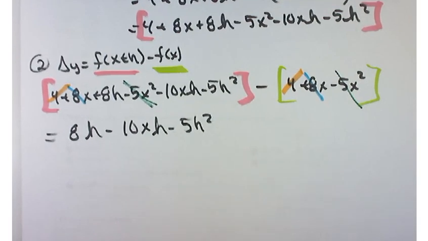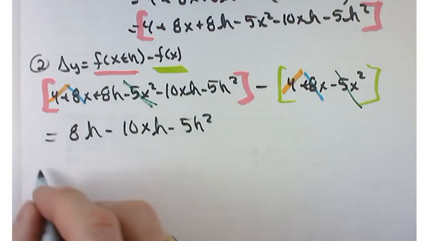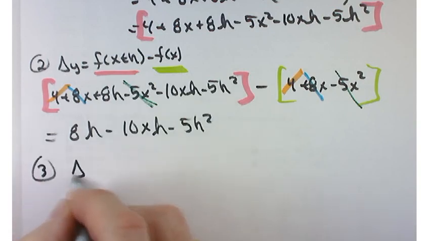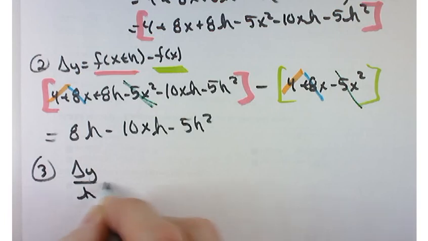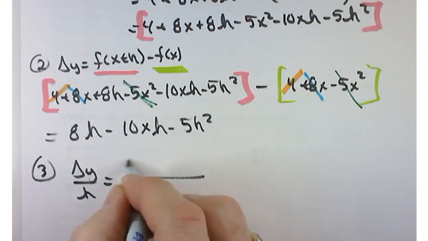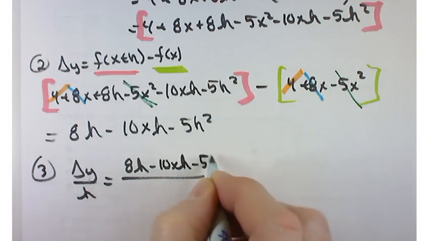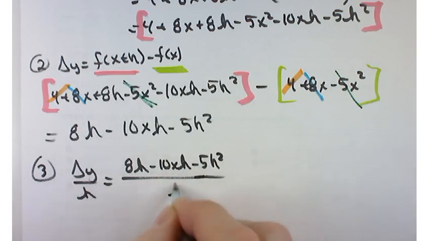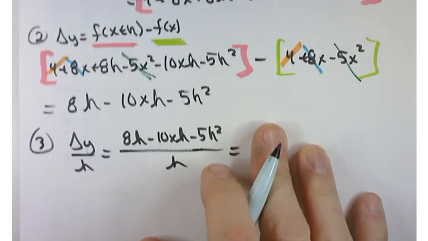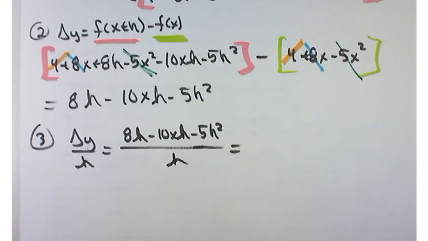Let's keep going. Third step. I want to calculate delta y divided by h. So that's going to be 8h minus 10xh minus 5h squared divided by h. Now, if this was an algebra class, I'd take the time to factor out the h and then carefully cancel it.